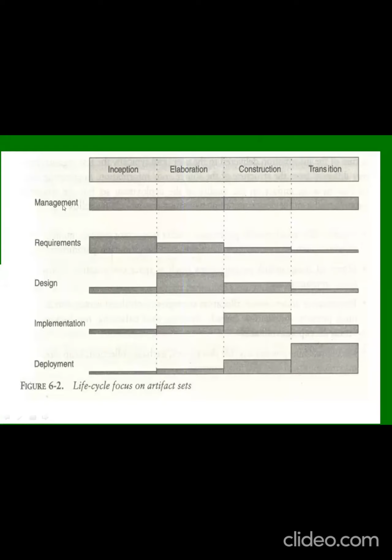It will maintain all its constant in inception, also in elaboration, in construction, all maintained management maintaining constant level. Here, see here requirement is the focus on the inception phase only. And design focus on the elaboration phase, and implementation focus on the construction phase, and deployment focus on the transition phase. We all studied about these inception, elaboration, construction, and transition.